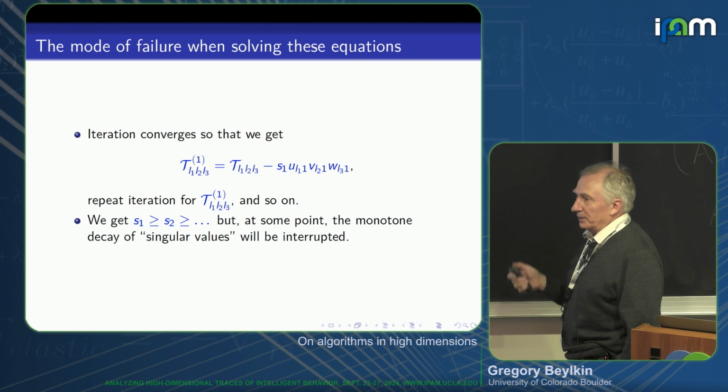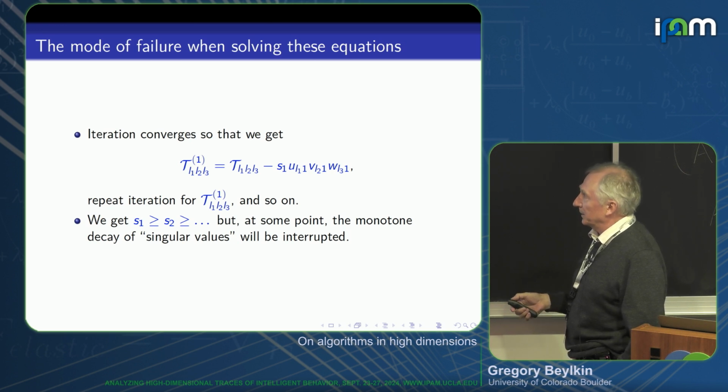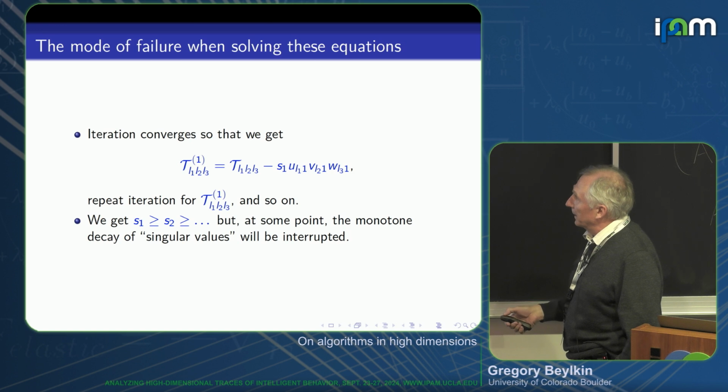And the iteration, if I do iteration, will converge. Once it converges, I can subtract it from the original. I have the difference, and I can apply it again, and it will converge again.